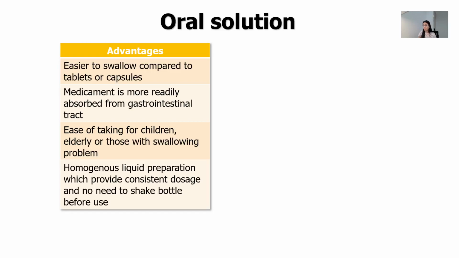An oral solution is homogeneous, meaning very clear, with no solids suspended in the preparation. So it provides a very consistent dosage, and we don't need to shake the bottle to dispense the medication. We don't have to advise the patient to shake the bottle before using.